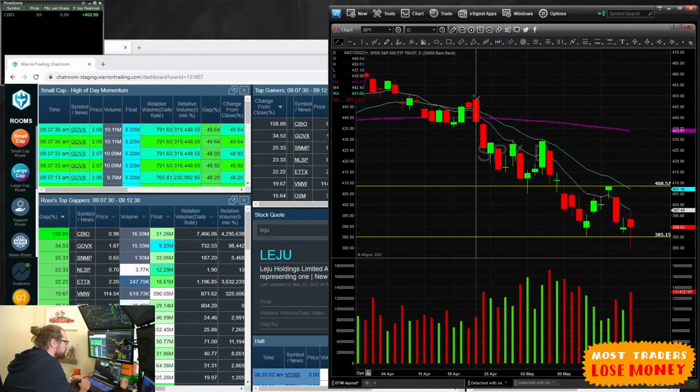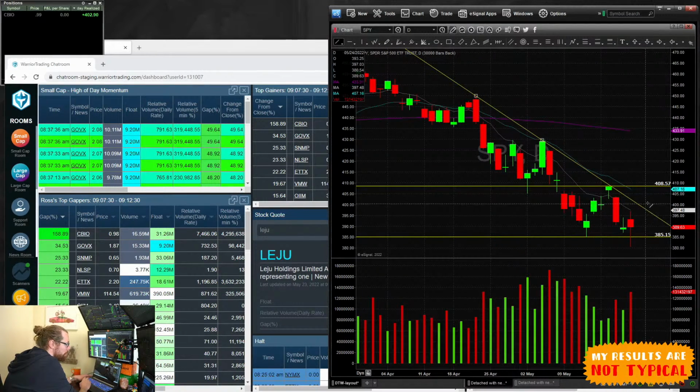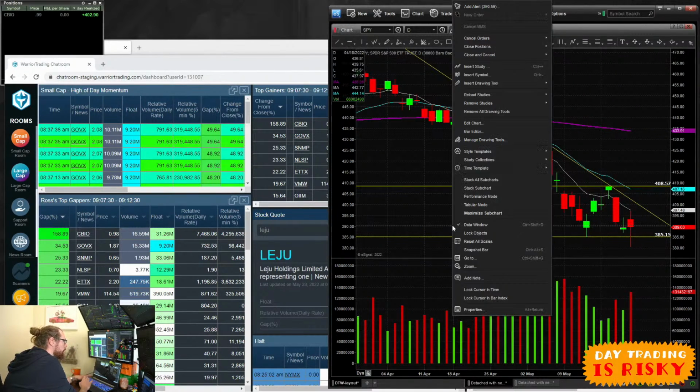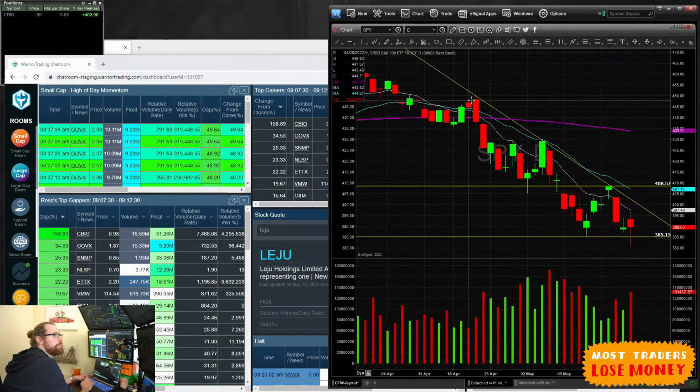We'll run into resistance down in this area, maybe around 400. So some traders might look to short against 400, but again, that's trading the overall market. I'm not going to try to do that here.